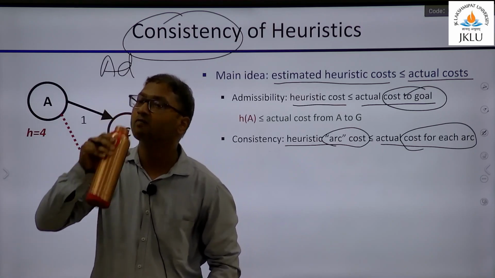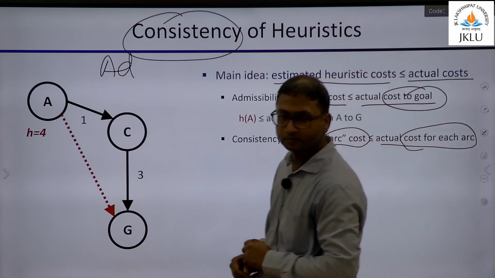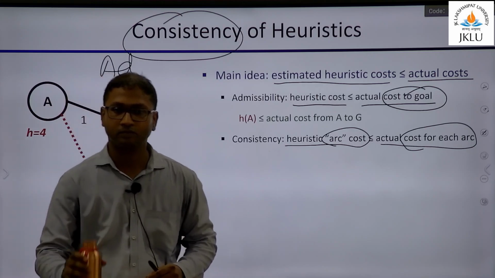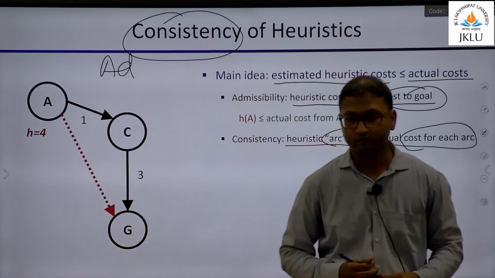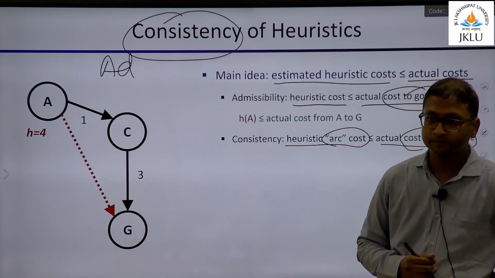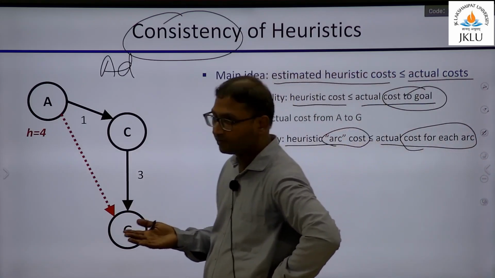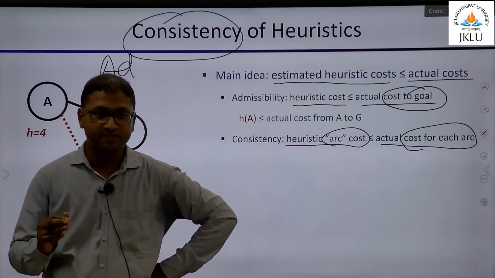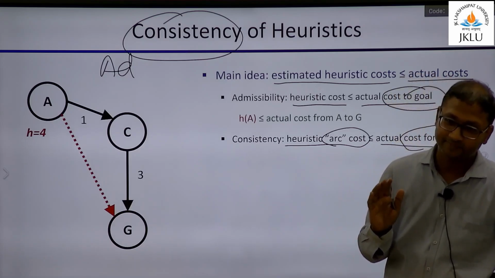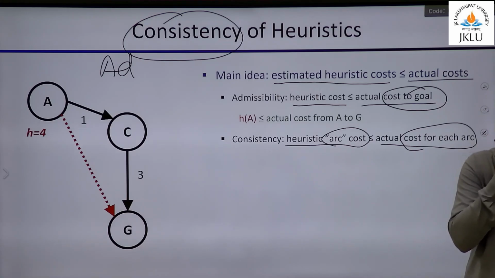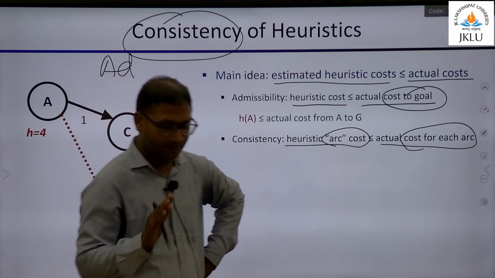How? No? How? The overall cost to the goal can be more. If I am going from A to B and its actual cost is 1 and its heuristic is 4, in that case it's not consistent. But if it is less than the cost to the goal, in that case it's admissible. If the cost to the goal is 7 and the edge heuristic is 4, so it's admissible but it's not consistent. Anyone else has a contrary view? Does consistency imply admissibility? Can you explain again? I am understanding less. So admissibility implies, sorry, consistency implies admissibility. I am not doing further discussion on that.